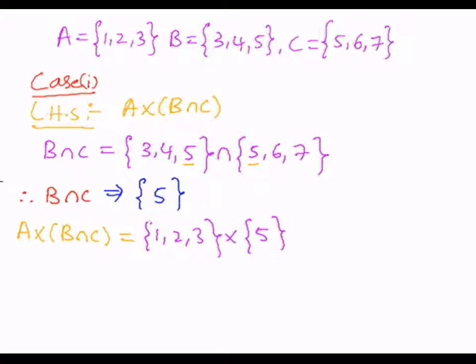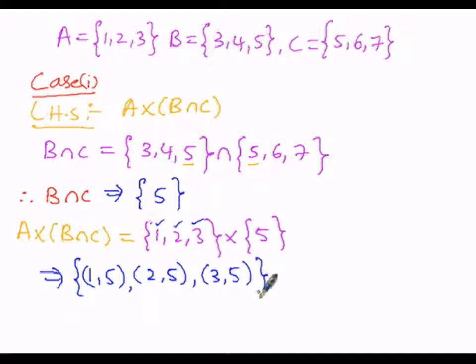In the next logical step we have to find the ordered pairs, since we are finding the Cartesian product of these two sets, that is A and B intersection C. So first of all, with 1, 5, 2, 5 and 3, 5 will be the elements of A cross B intersection C. The set consists of the ordered pairs 1, 5, 2, 5 and 3, 5.